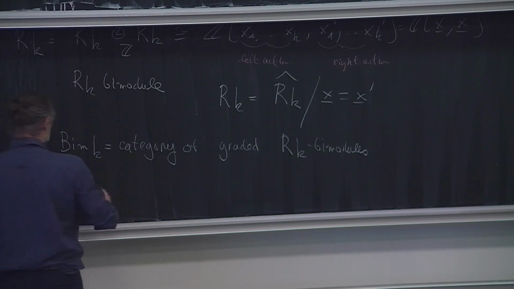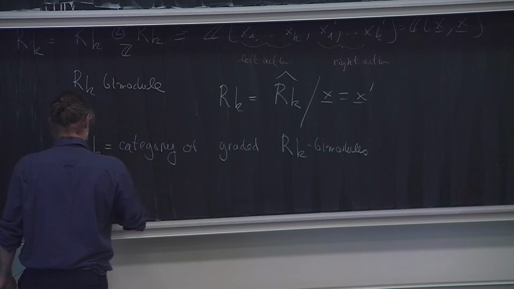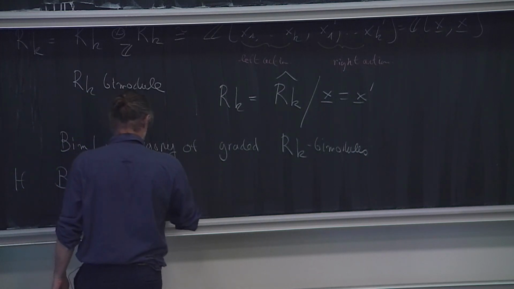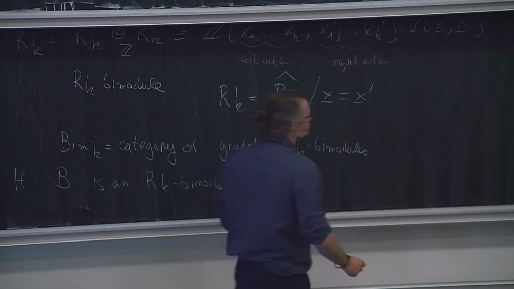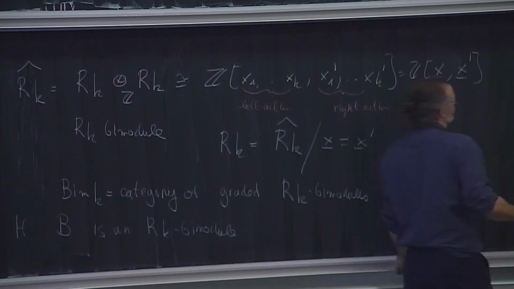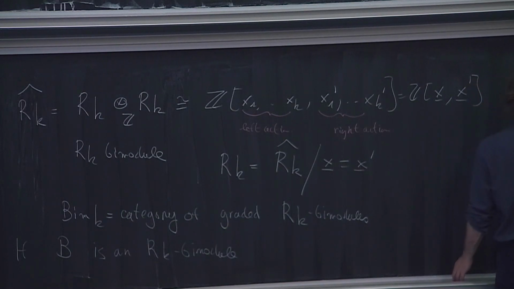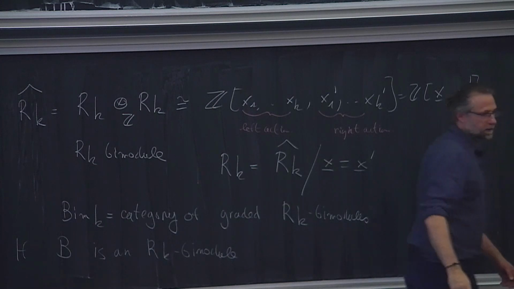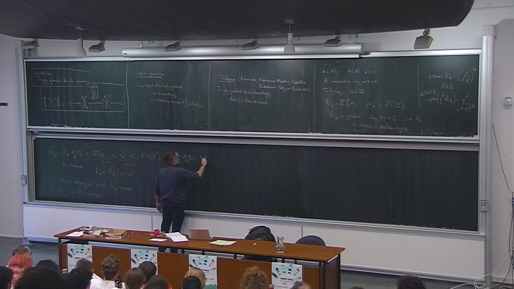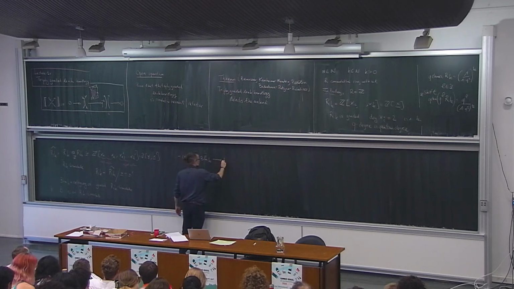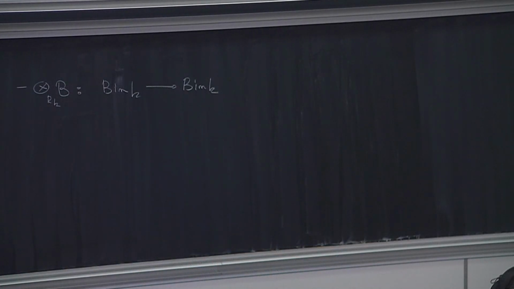So if B is an RK bimodule, then you can look at the tensor product of B over RK, and this is another functor of the category.